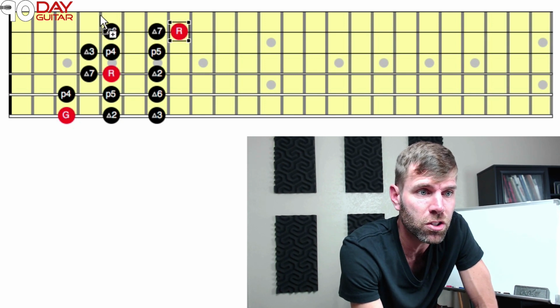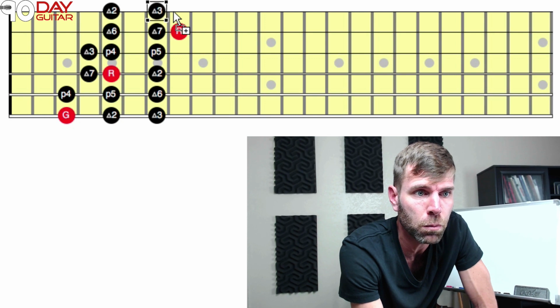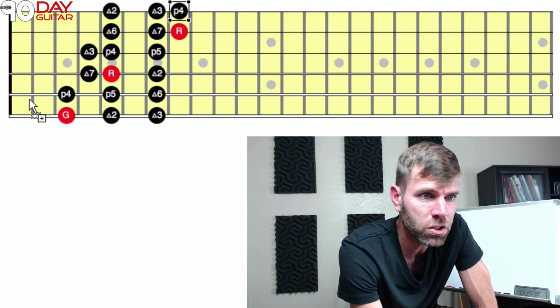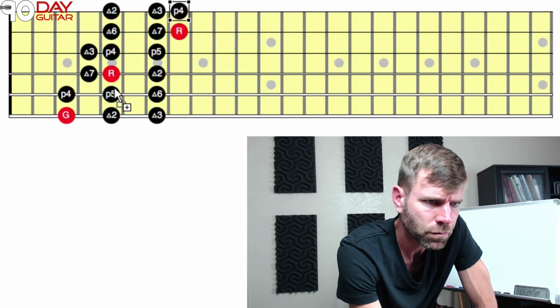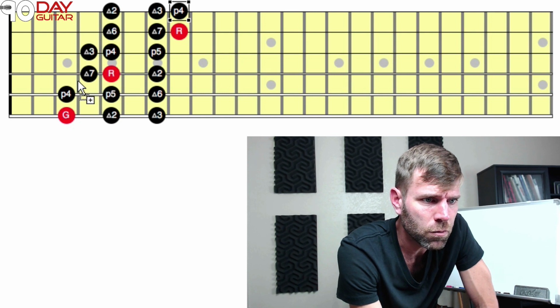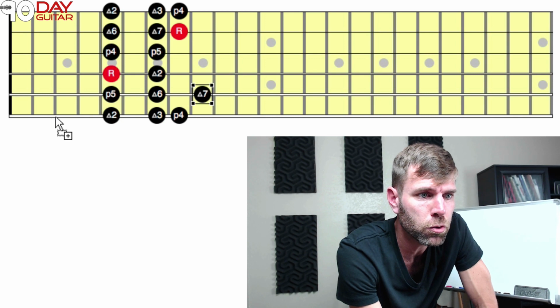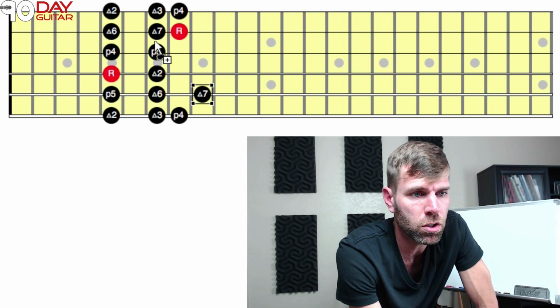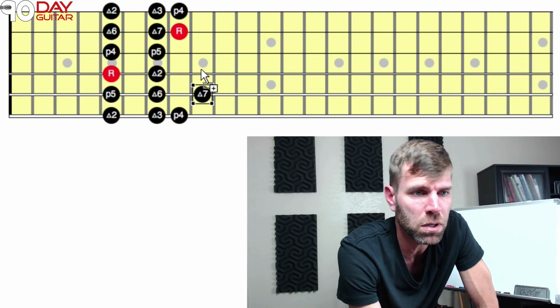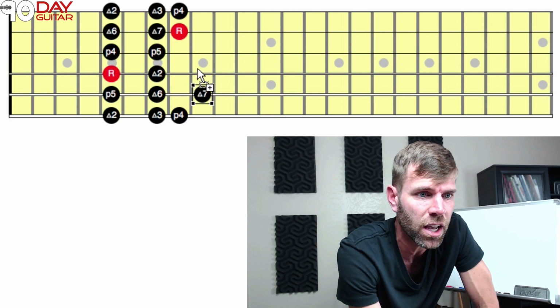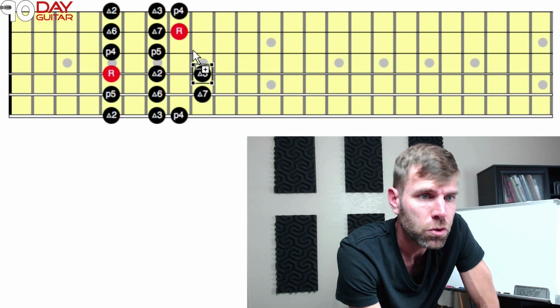Okay, so if we finish this off, this 3-note per string, here's another scale pattern. Okay. Now, a lot of times, instead of going that 3 notes per string starting at the root, we might move to what a lot of people say is just a different position, but it's still a G scale, which is true.